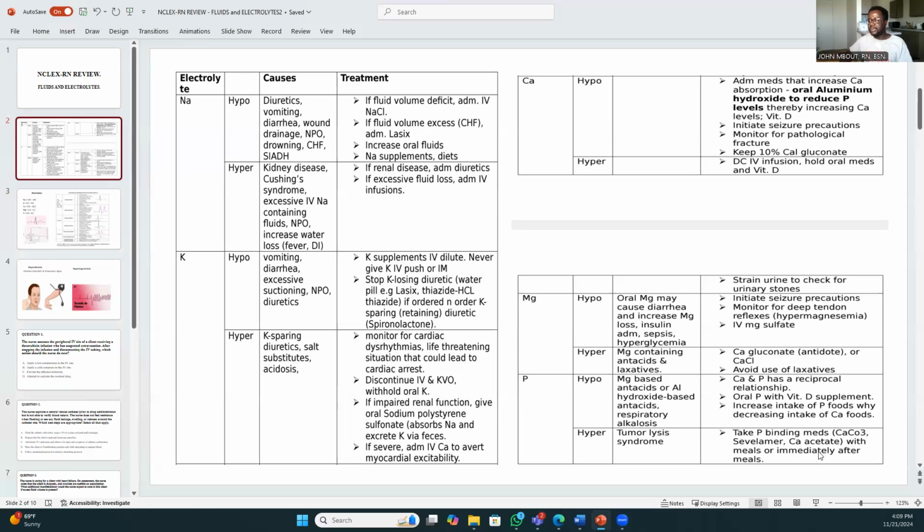It binds with phosphorus in the gut, and then you eliminate it through the stool, because you have excess phosphorus in the system and you want to send it out.